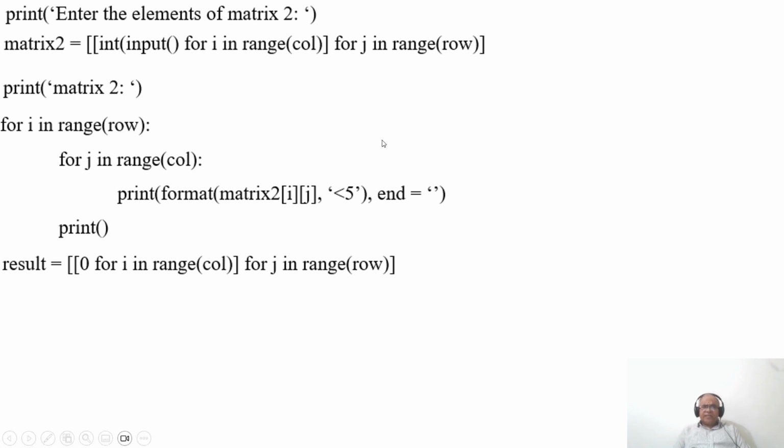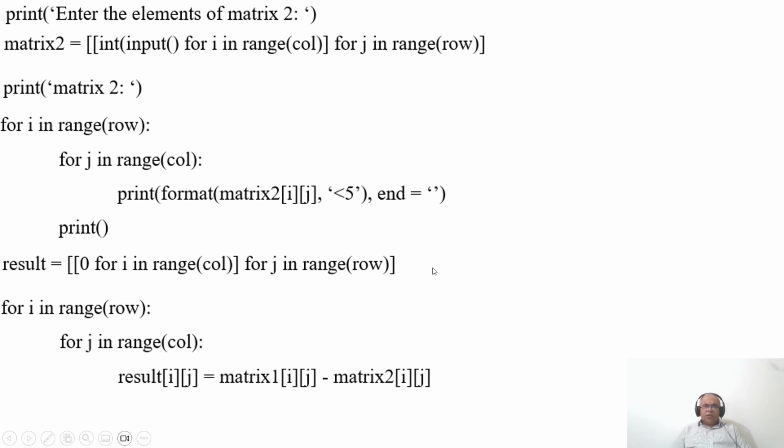So 0 for i in range column, for j in range row. Then I want to subtract the two matrices: for i in range row, for j in range column, result of ij will be equal to matrix 1 of ij minus matrix 2 of ij. Why this? Suppose I say i is equal to 0 and j is equal to 0, result of 0 0 will be equal to matrix 1 of 0 0 minus matrix 2 of 0 0.